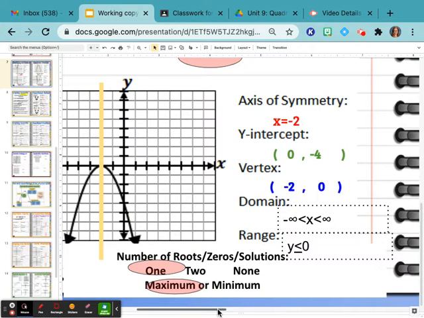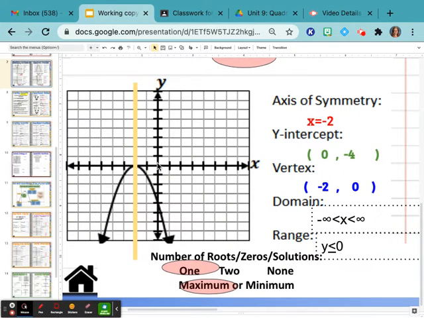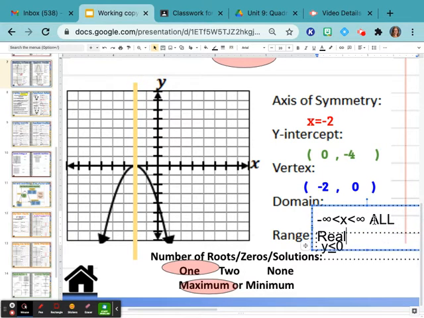Zoom in. So on this one, we have our axis of symmetry at x equals -2. Our y-intercept is at (0, -4) right here. Our vertex is at (-2, 0). Our domain, we could have just written all real numbers. So either one, all real.